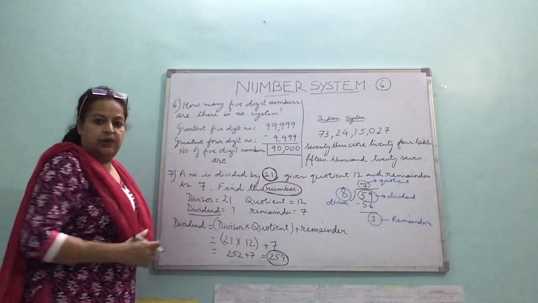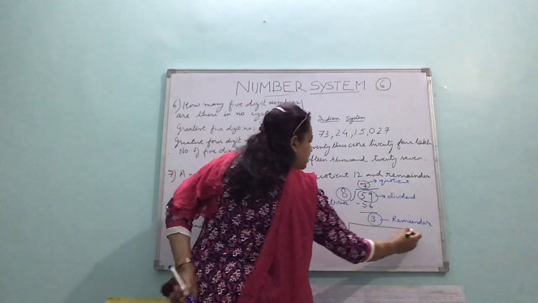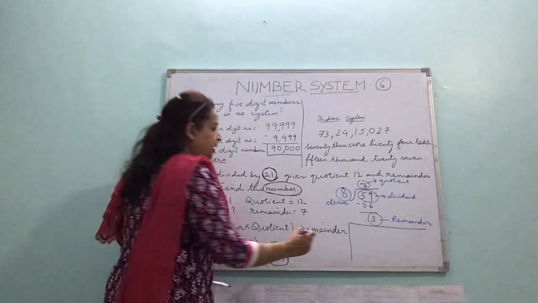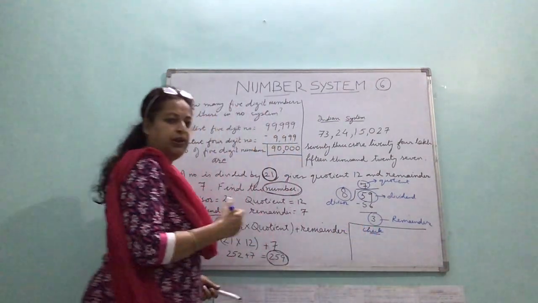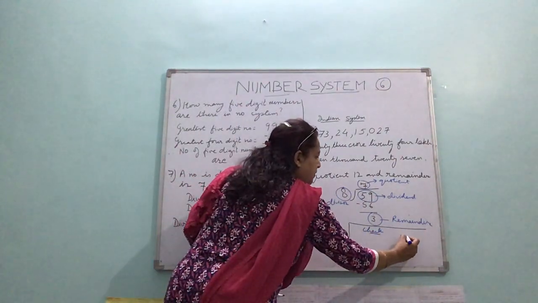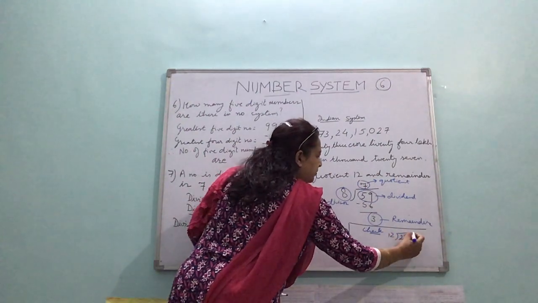You can easily check also. Let's check whether my answer 259 is correct or not. This is for my own satisfaction, right? So 259 divided by 12.